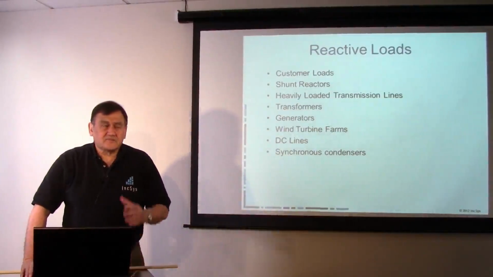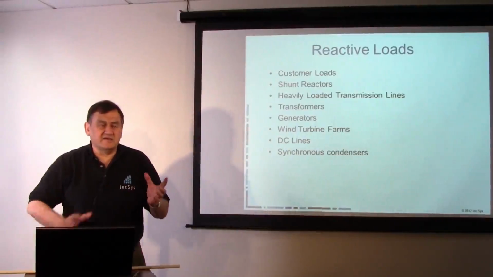Now, certain devices provide a net inductive load on the system. The customer loads, like we talked about, and especially all the motors, are a reactive load. And so they create a net reactive demand on the system. Your shunt reactors are a reactive load.